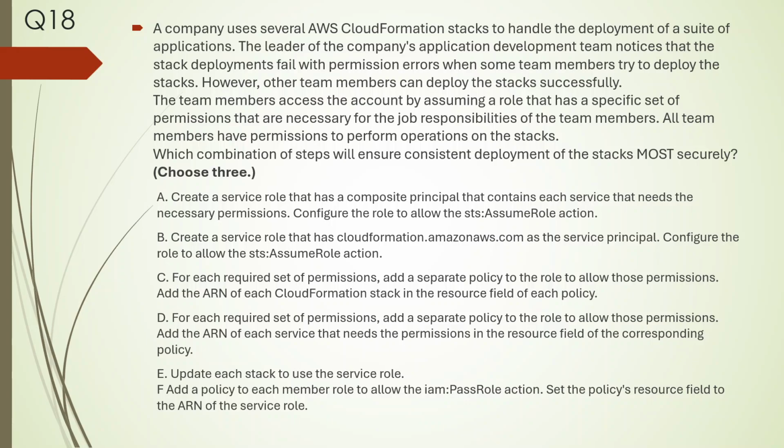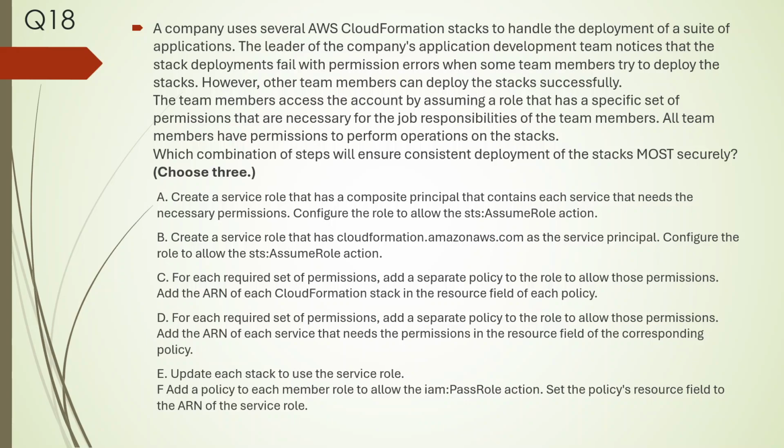A, create a service role that has a composite principal that contains each service that needs the necessary permission. Configure the role to allow the AssumeRole action. B, create a service role that has cloudformation.amazonaws.com as the service principal.